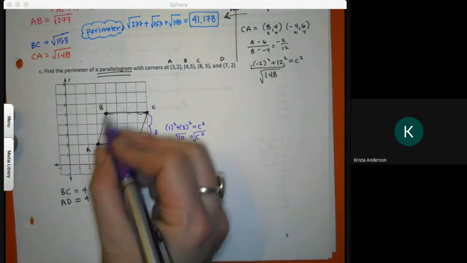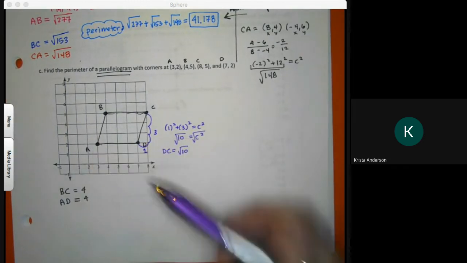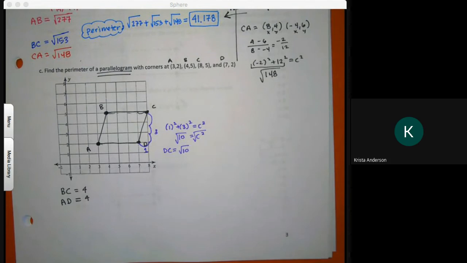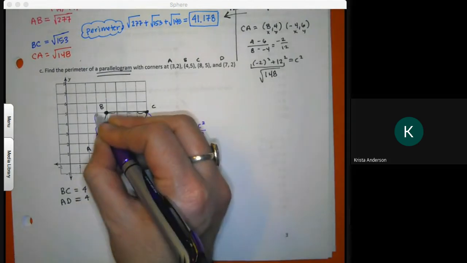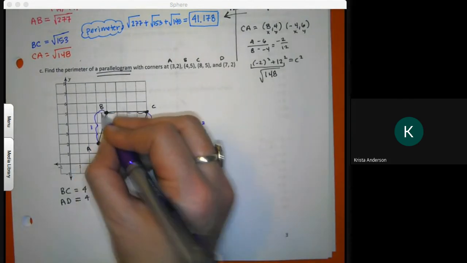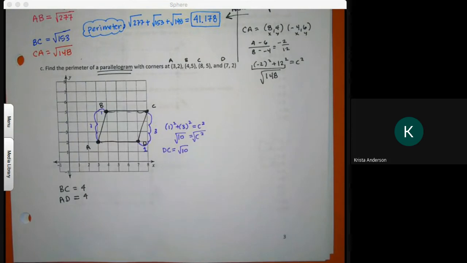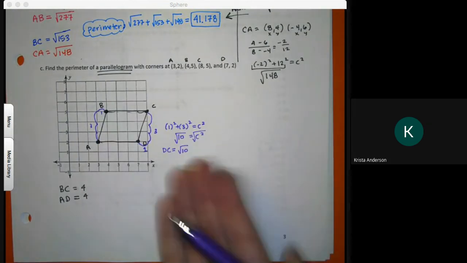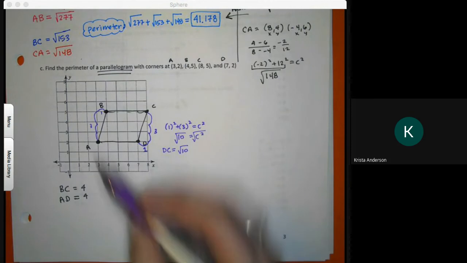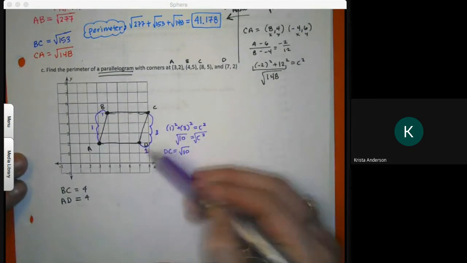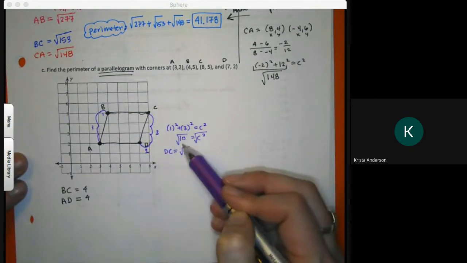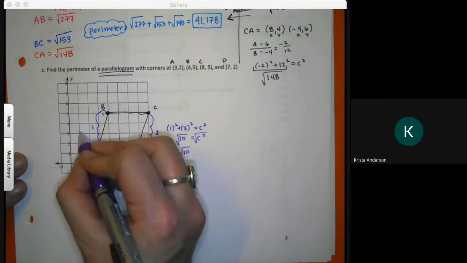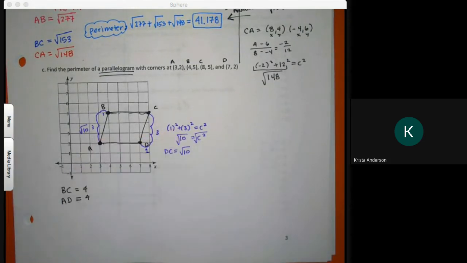What do you think A to B will be then if D to C is square root 10 and it's 3, 1 again? Square root 10. It has the same numbers. I don't have to do the work. I can just look at it and say it's also a root 10.